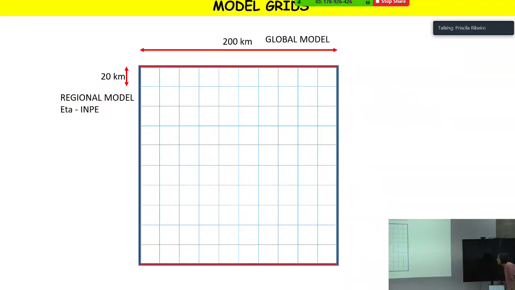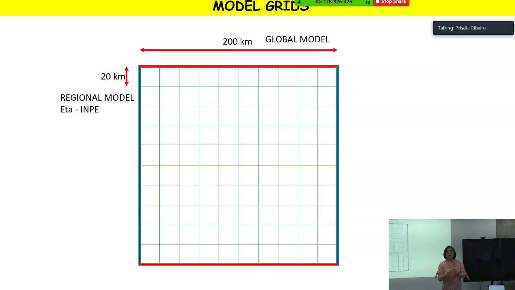So this is just an idea: a global model would be this whole box here. You have a single piece of information from a global model. If you go to a 20 kilometer resolution, which is what we nest to a global model, then you can have a 10 by 10, so you add 100 points of information compared to the original single grid point.